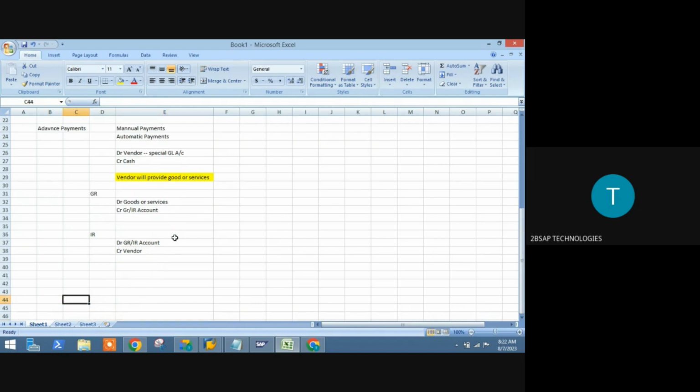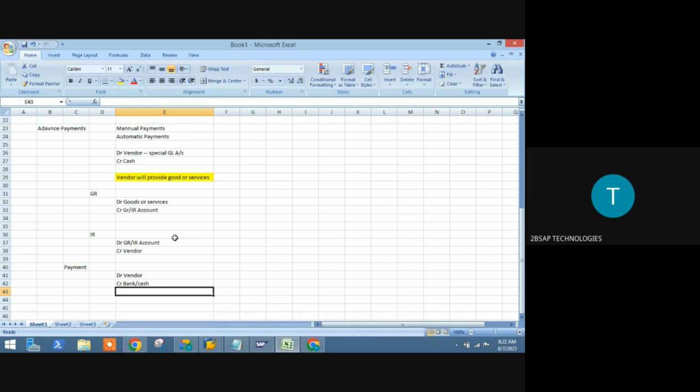So next, what are you going to do? You are going to do your payment. So what is going to be your payment, sir? Debit vendor, and credit bank by cash. Bank by cash.